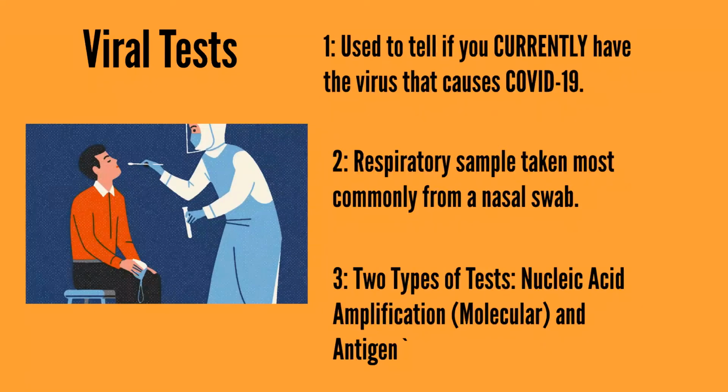But if you get a negative result back, there's a possibility that you might have COVID because there's a lot of false negative reports with this antigen test when it is delivered as a point of care test. So you just kind of got to watch out.